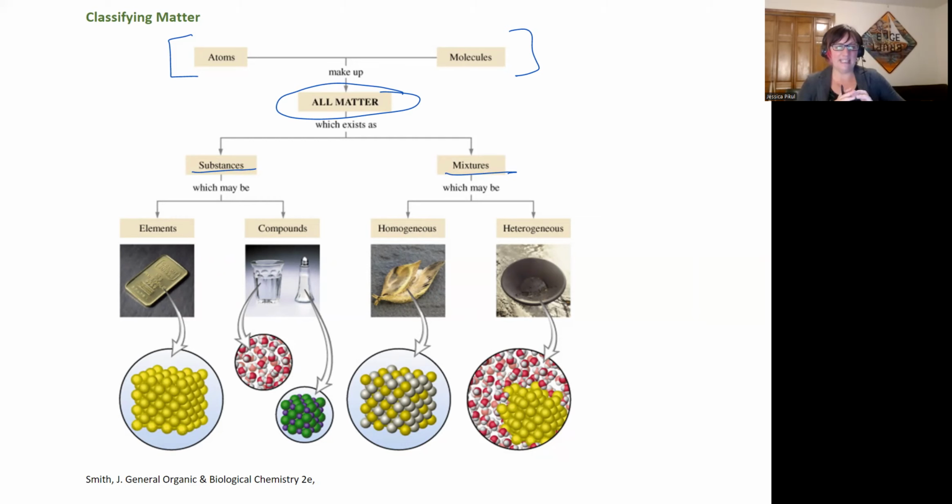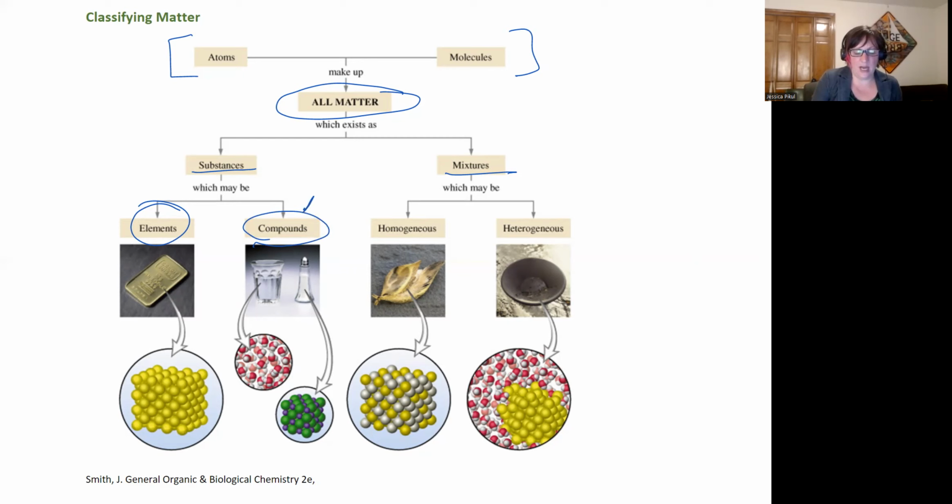We can think of things that are substances as being pure, like it's just one thing. But that one thing could be just atoms of the same type. We would call this an element. Or it could be, remember, matter's all atoms, or those could be put together into molecules. It could be a substance that's pure, could just be one of those molecules and a lot of them and nothing else. And so we would call that a compound.